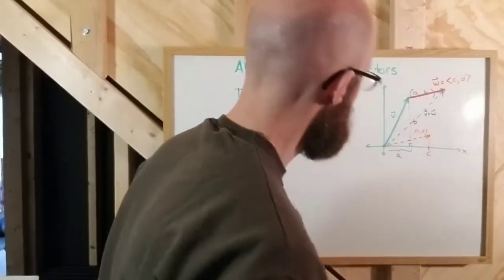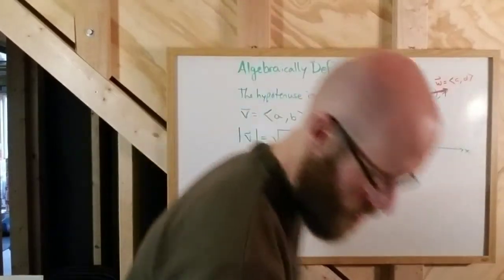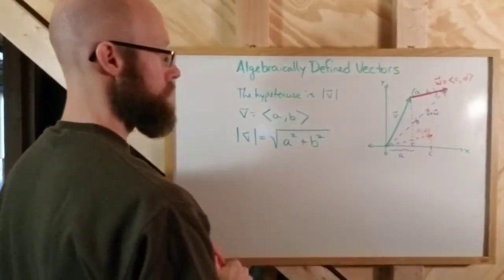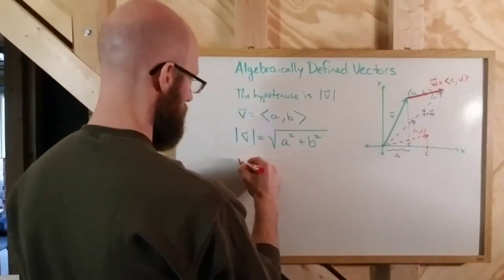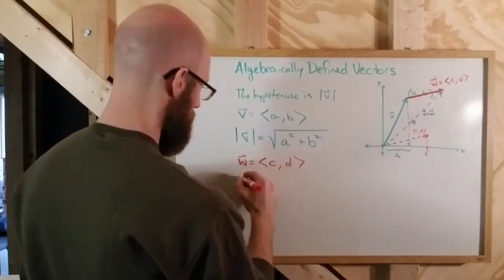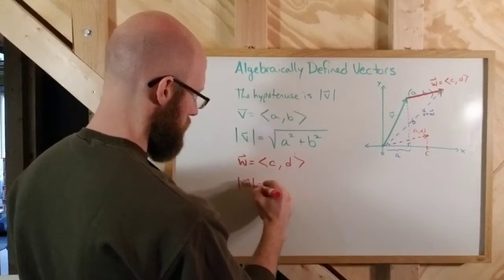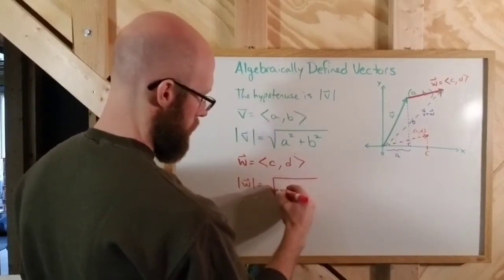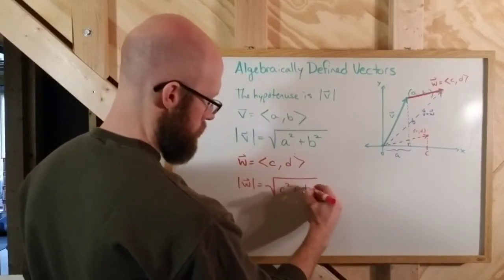So the sum, let me write out a few details of vector W here. So vector W is the vector C comma D, and the magnitude of W is, just like before, the square root of C squared plus D squared.